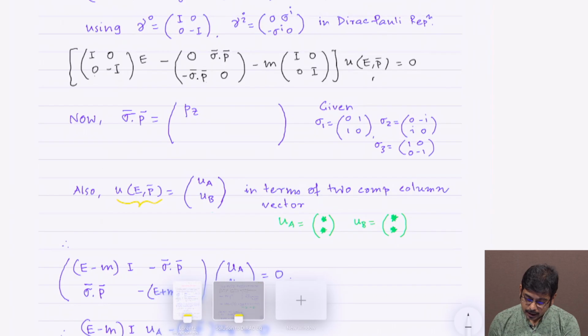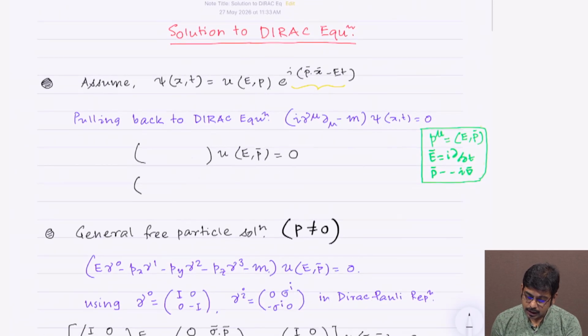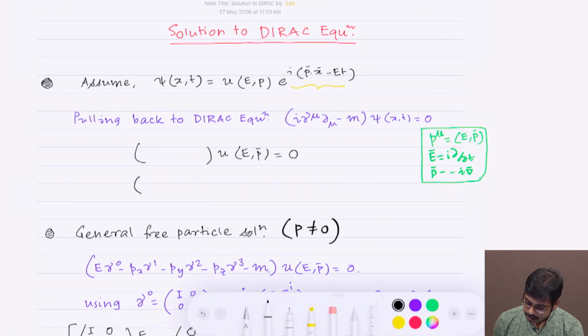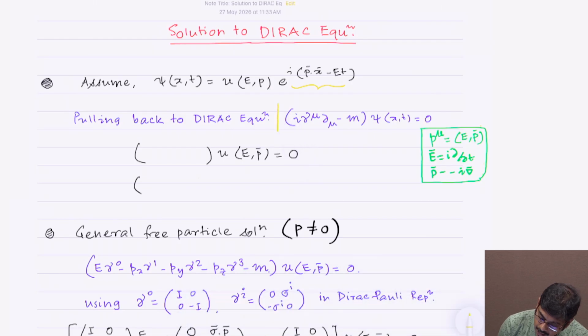So you all remember what the Dirac equation was. The Dirac equation was essentially (i gamma mu del mu minus m) psi(x,t) equal to 0, right? Here gamma mu is the Dirac matrix, and psi is what we call the Dirac spinor. Basically it is an equation which is almost like a wave equation, so the solution will also be like a wave solution.